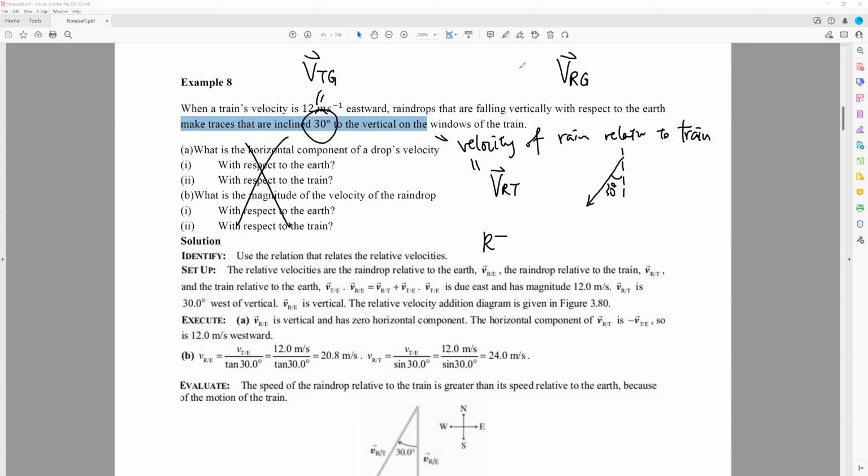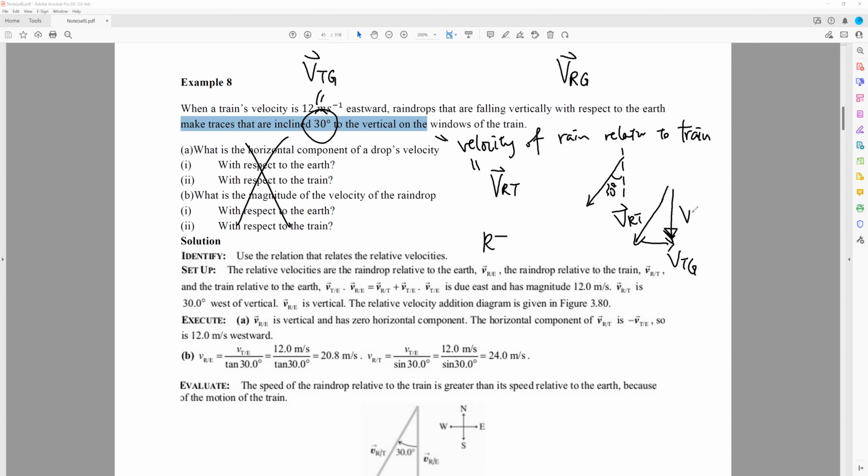Right. Now if you draw a diagram, the V_TG should be towards the east, that means in this way. So this is the V_RT. Then you know the rain is falling vertically downwards.